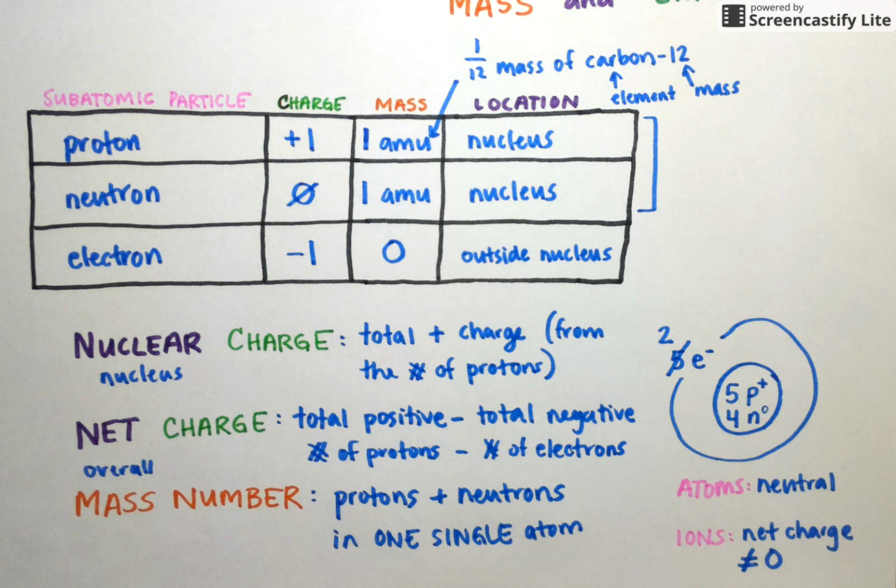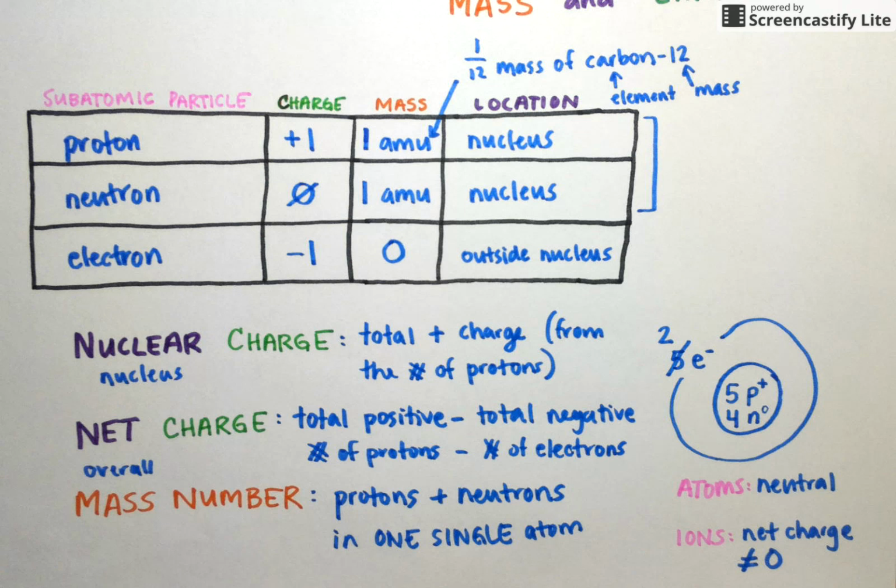So the net charge has to do with total positive minus total negative charge. And we know, of course, from our subatomic particles that the total positive stuff is really the number of protons, and the total negative stuff is going to come from our number of electrons. And that's exactly how you can always calculate a net charge of any given atom.